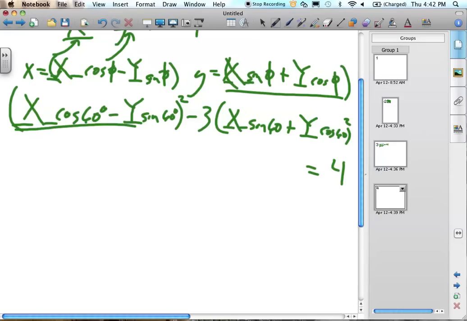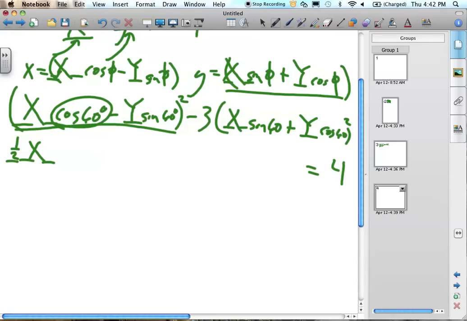So now I come in and I square this thing, but actually before I do that, I'm going to find these. Cosine of 60 degrees is 1/2. I'm going to have 1/2 x.